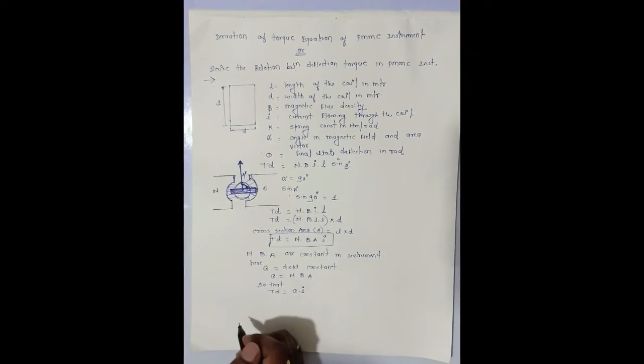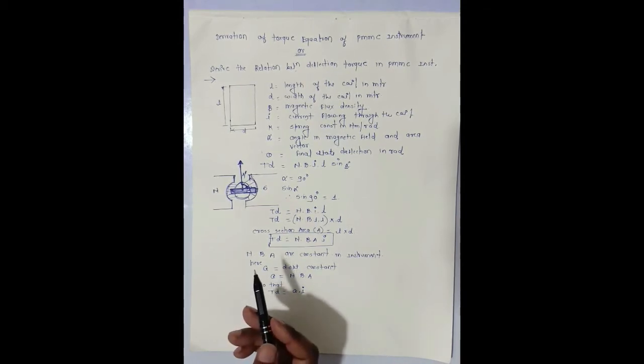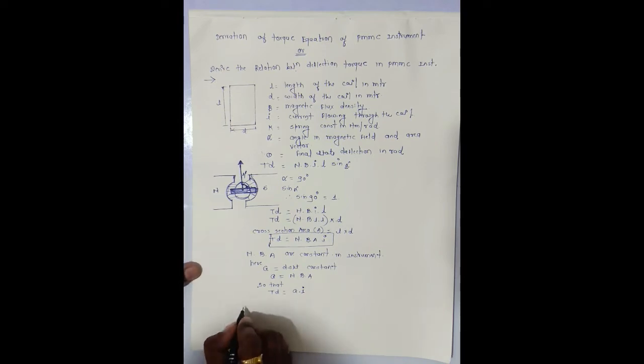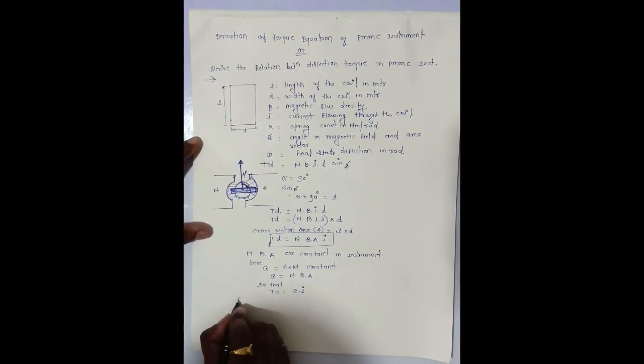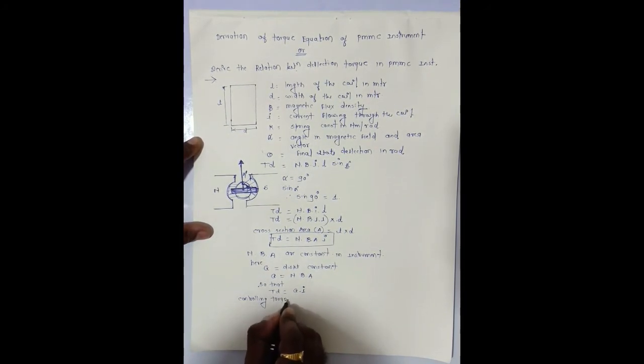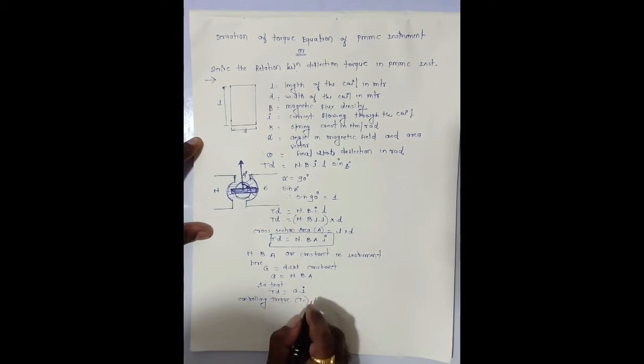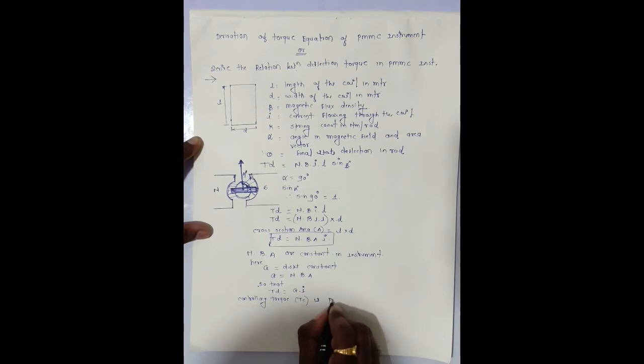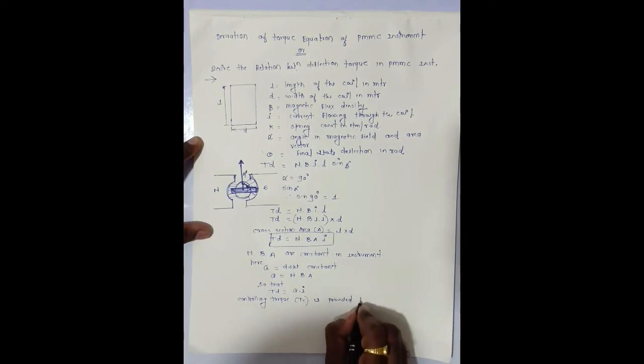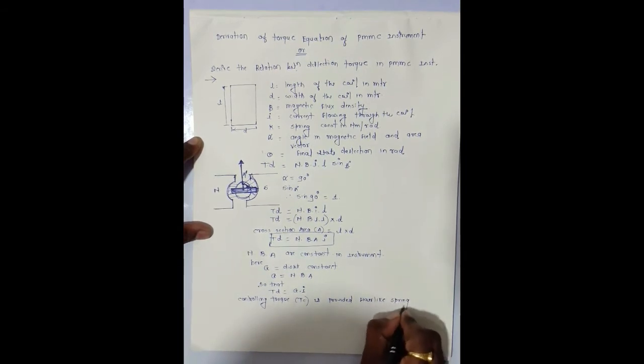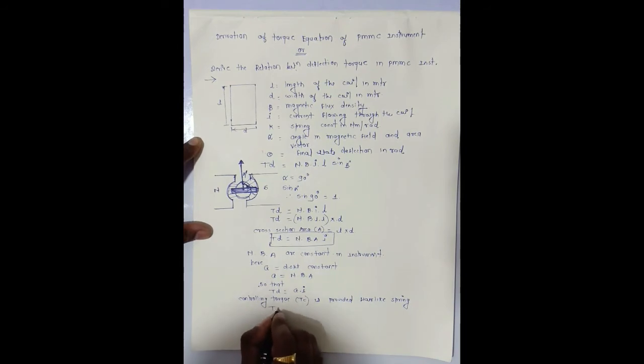In the last video we saw that the controlling torque is provided by two hairsprings, which are connected at the upper side and bottom side. So the controlling torque, that is TC, is provided by the spring, and it is equal to K into theta.